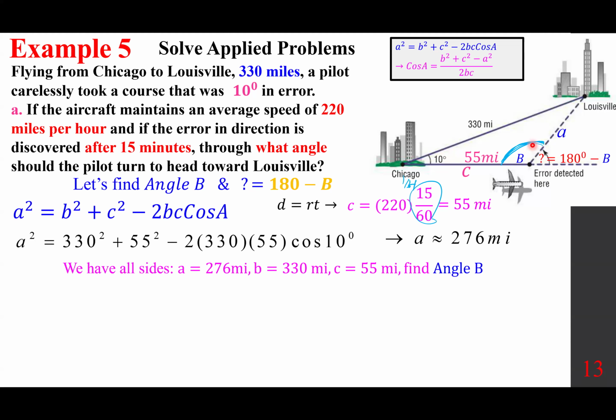So since we want to find angle B, opposite angle B, 330 squared equals this side squared plus this side squared.